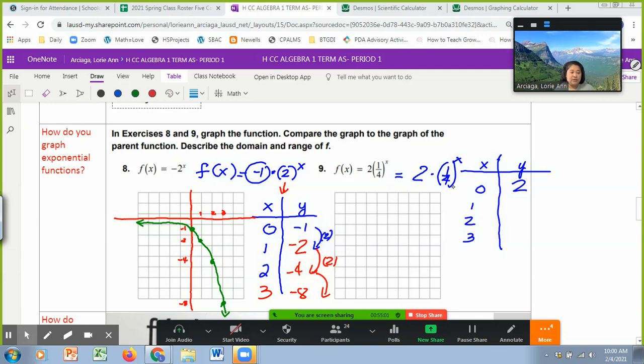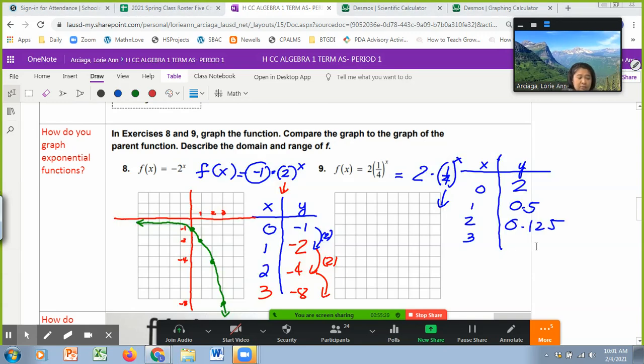Okay, so you're dividing it by 4, right? So 2 divided by 4 is 0.5. Very good. Okay, and then 0.5 divided by 4. Okay, 0.125.